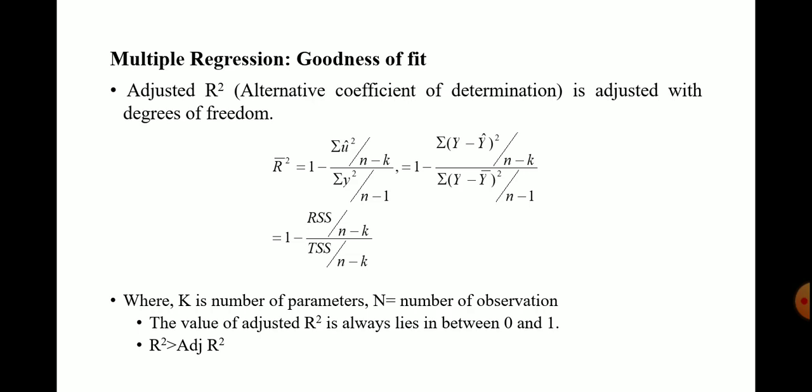Then goodness of fit of the model, or r square, and in multiple regression, multiple r square and adjusted r square. I hope I have discussed in detail everything from the topics in the syllabus.